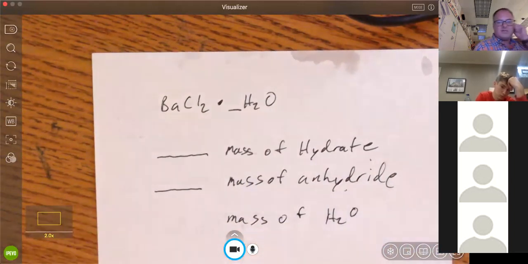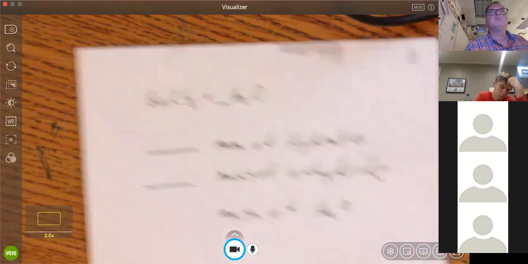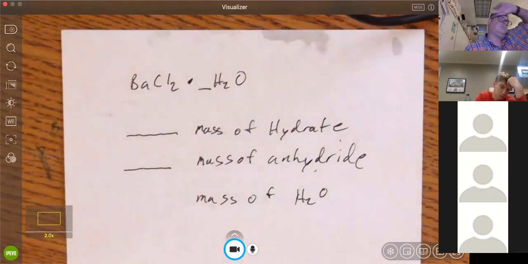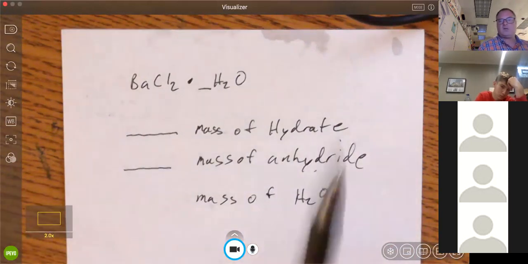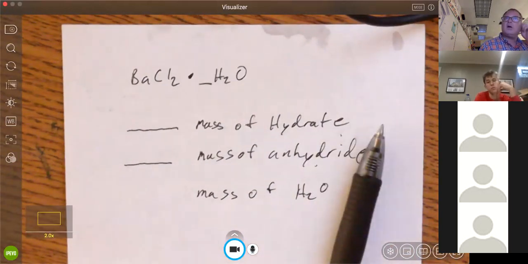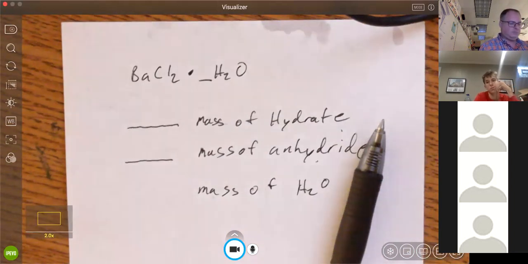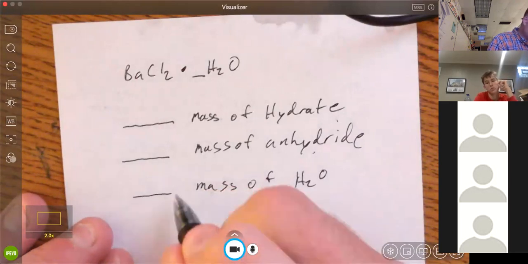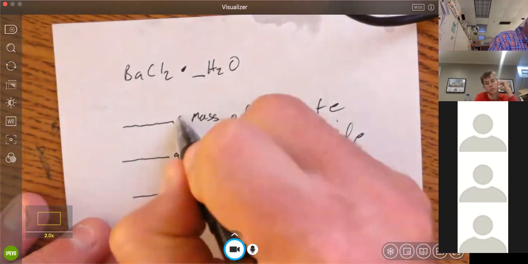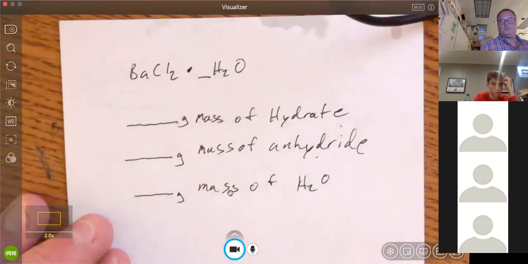How could we find the mass of water for that? Are we looking at the periodic table? Nope. This is the physical mass of the water we have in the laboratory. So let's just do subtraction. Yeah, right? Let's make sure we understand.